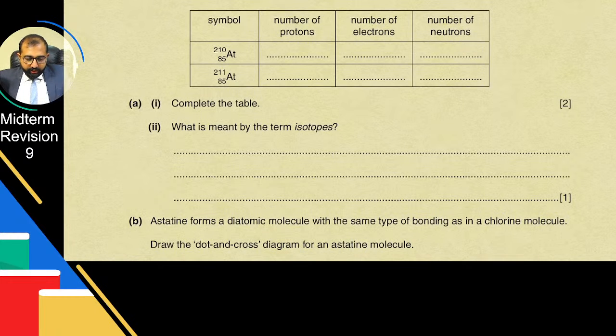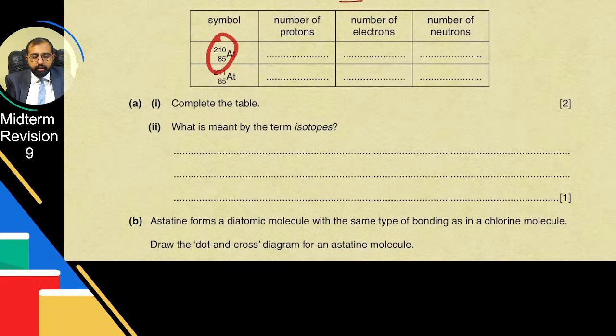Okay, question number 6 of the first section. Astatine is an element in group 7. Okay, the table shows some information about two isotopes of astatine. Again, remember the definition of isotope, common definition that examiner usually asks us for. In fact, ये अगले question में पूछा भी है उसने. So number of protons, number of neutrons, I've already explained that to you. How do you figure this out?